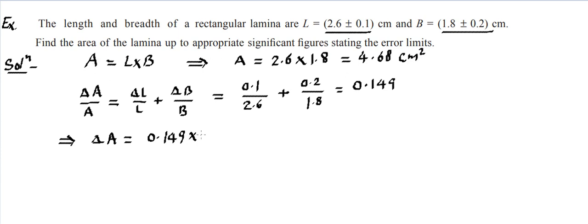It's 4.68 centimeter square. Again, we can multiply these two numbers to get our answer. This multiplication goes to 0.697 centimeter square. So this becomes the value of delta A.